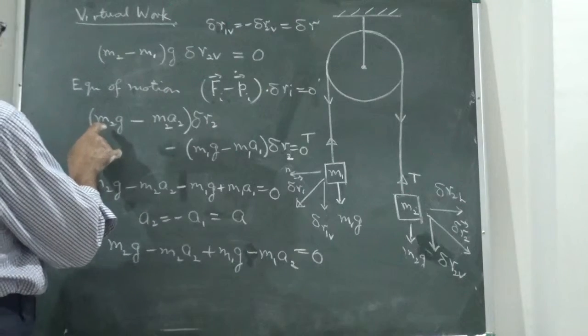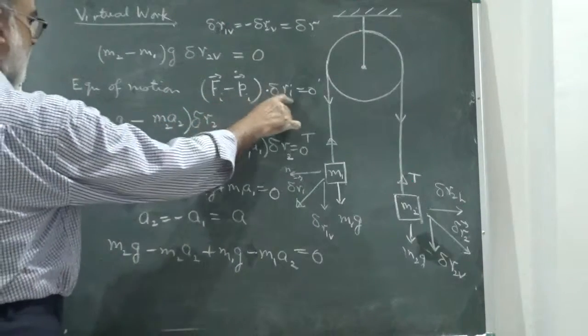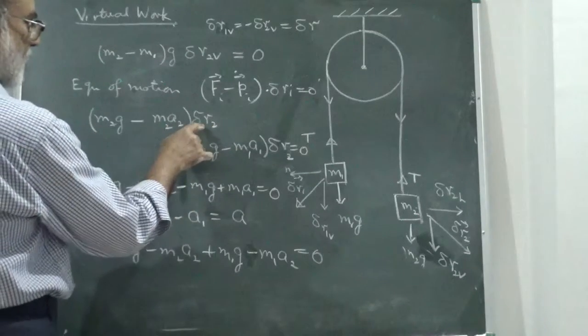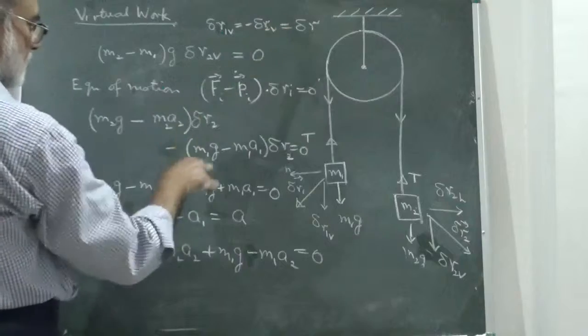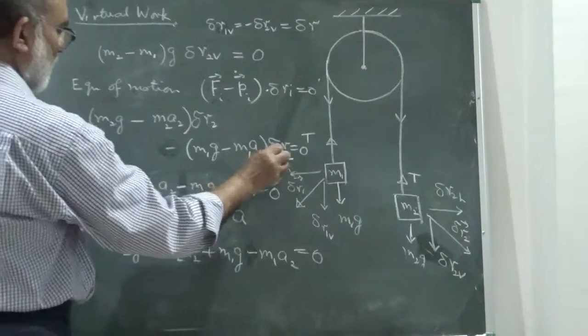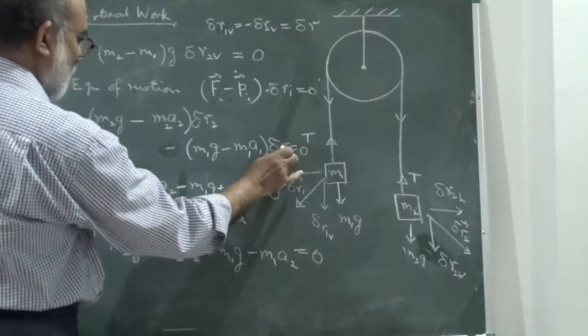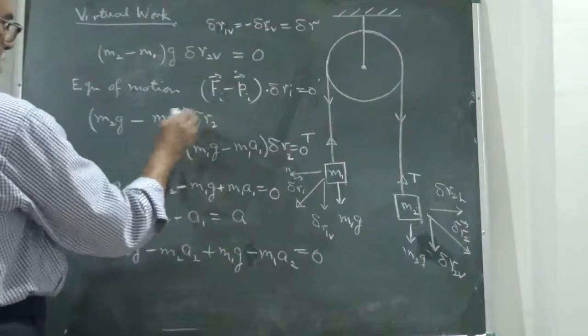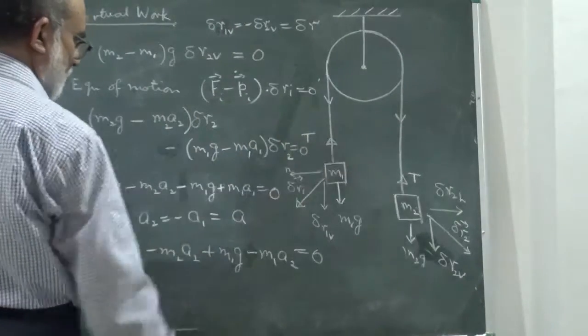For the term Fi minus Pi dot delta Ri, M2A2 delta R2. Now delta R2 and delta R1 are opposite, so the minus sign comes here. It must be delta R1, but I have written delta R2 with a minus sign here. So delta R2 is taken as common, and that becomes 0.